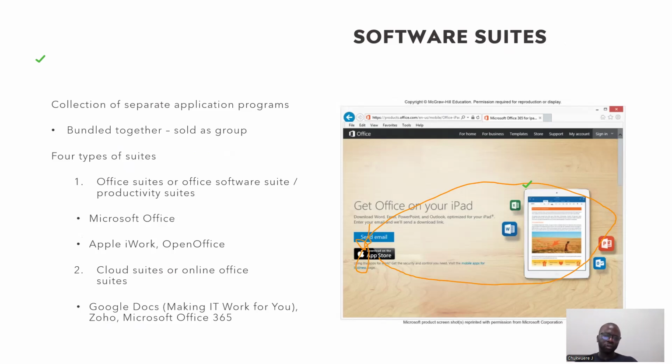For example, we have four types of suites. You have your office suite, or office software suite, or productivity suite, whichever one you call it, they are all the same. An example is Microsoft Office. Remember, it is individual, separate applications put together to become one.